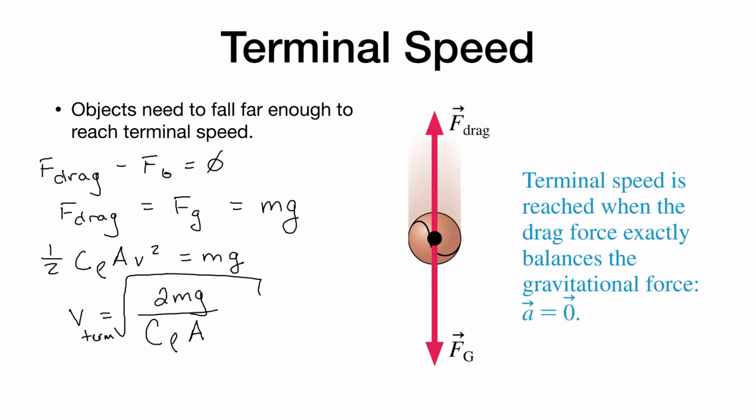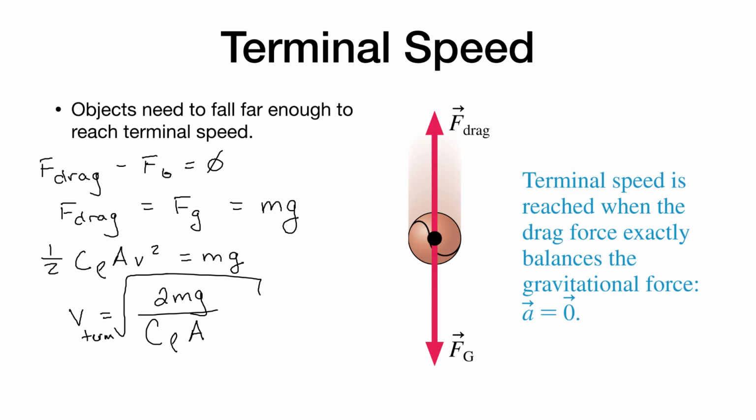And in fact, the interesting thing is, if an object initially starts with a velocity higher than that terminal velocity, it will actually slow down until it reaches this point. So terminal velocity works both for objects that are speeding up towards the terminal velocity, as well as objects that need to slow down to get to that terminal velocity.